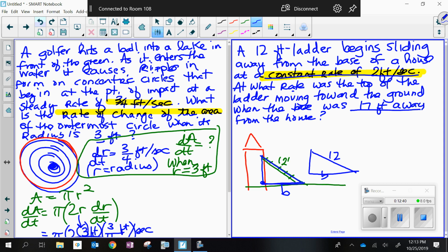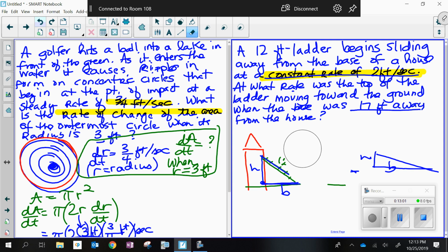The base is going to get bigger. Let's say now it's way down here. I'm exaggerating my 12 feet, but this is even smaller and this is larger. So the base is growing. What do you want to call this guy? The height. Which is right here. All right, so we got B.